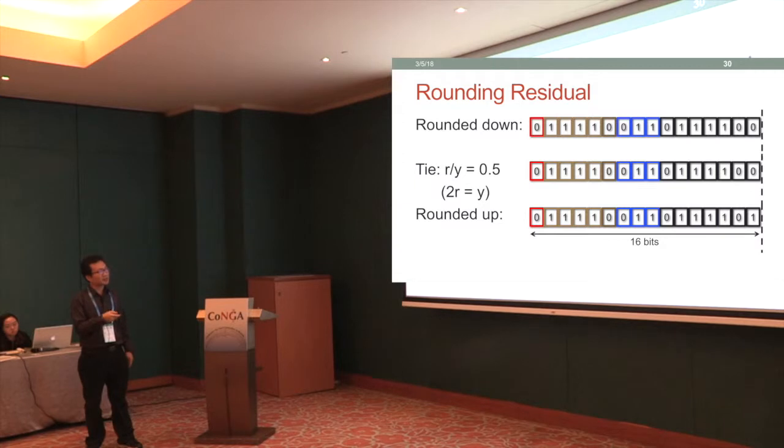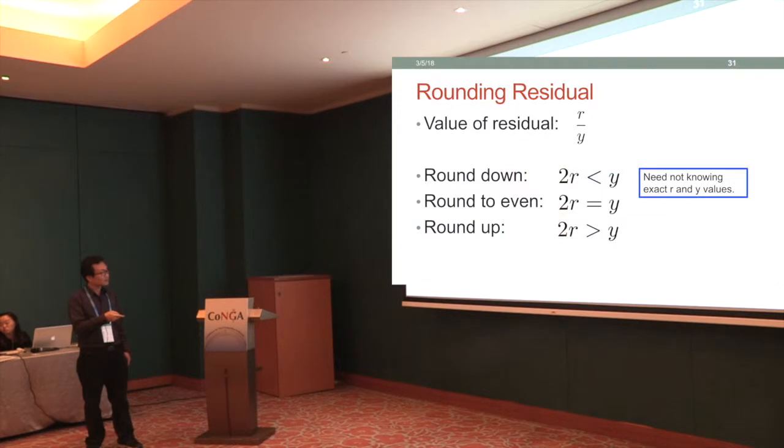So in this case, we are rounding to the same number of bits, but getting rid of the residue. So in this case, the midpoint is exactly 2r equal to y. So we can apply the rounding using the condition test, whether 2r is less than y or equal to y or greater than y. And we do not need to know the exact value of r and y.